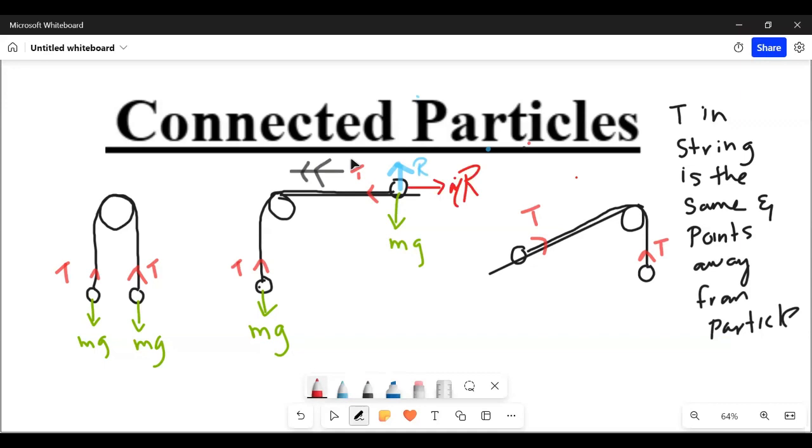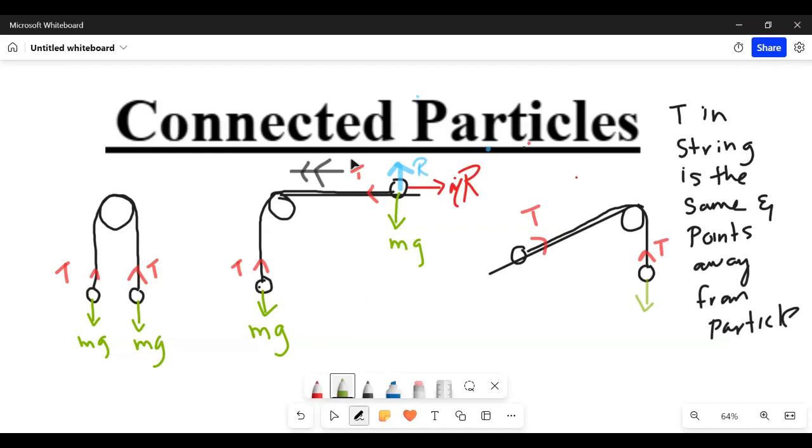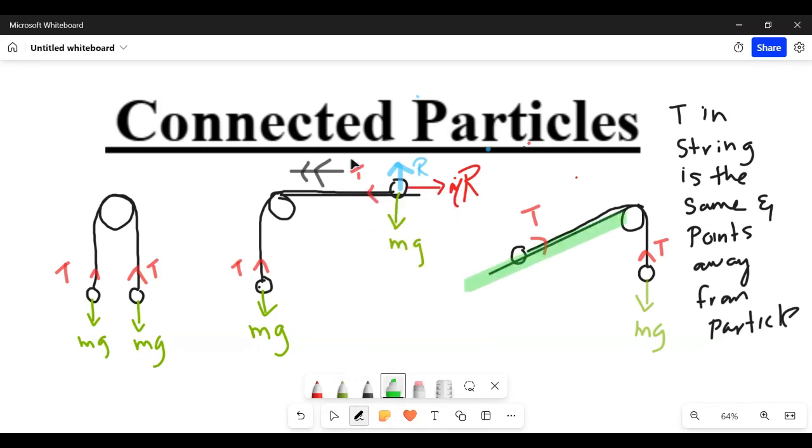For the third system, there's going to be an mg in this direction. But on the inclined plane, we will not use mg directly, but two components of mg. So this one is going to be mg cos theta, and this one is going to be mg sine theta. And theta would be this angle here.